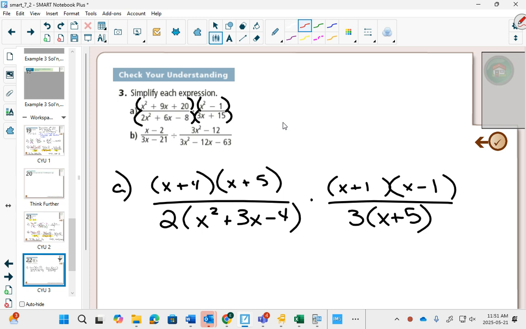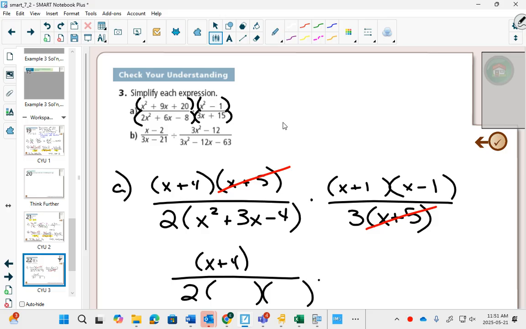However, before I do that, is anything identical already? So I'm going to take out my red pen. I could cancel that out already. If you can cancel something out, do it. Because now I still have to refactor, so I'm going to have to rewrite. I still have an x plus 4 here, but now I'm going to rewrite this with 2 sets of brackets.